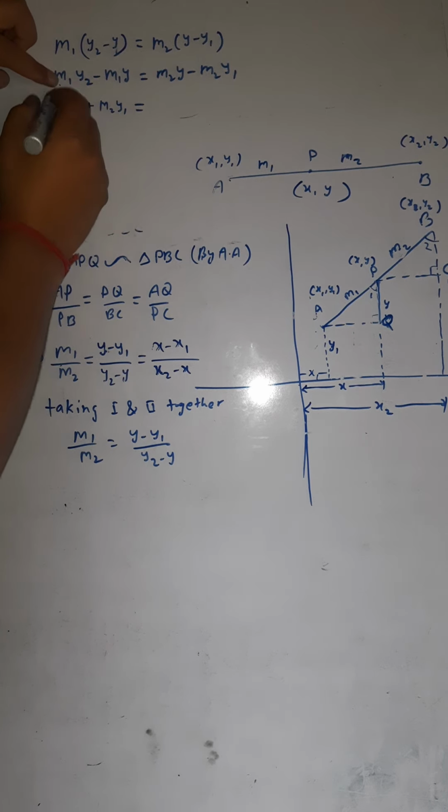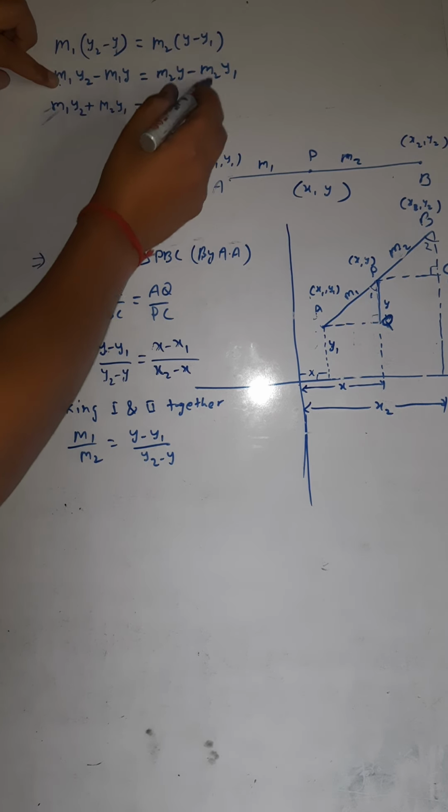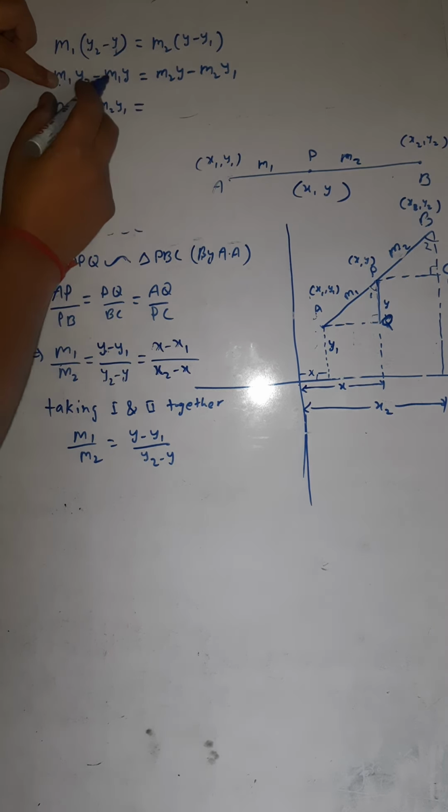This will remain here, and this which is in minus will come there and become plus. So it is plus M1 y, and there is already plus M2 y. Getting this? Yes. So from here you can take y common.